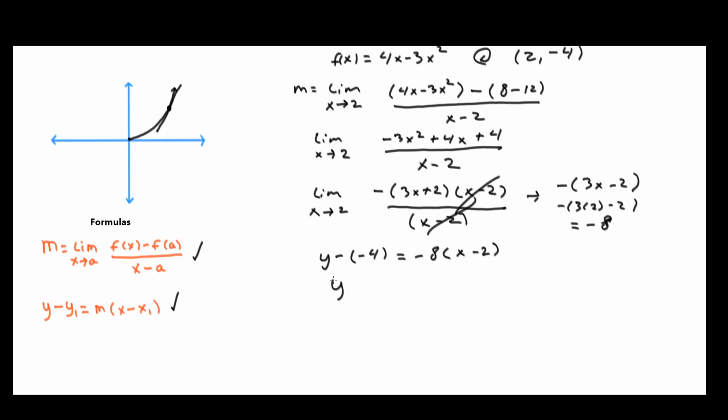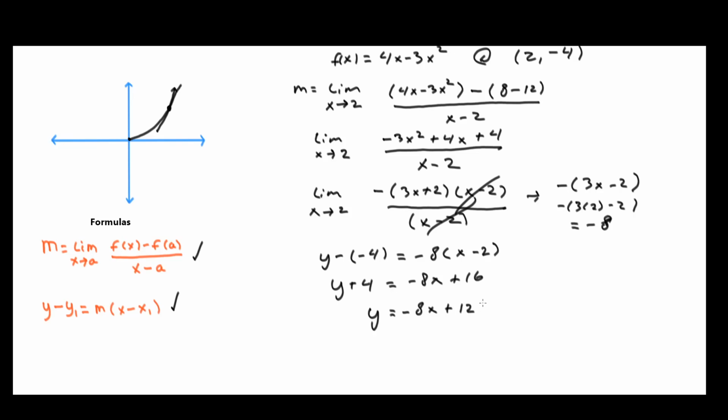Gives us y plus 4 equals negative 8x. After we distribute this, we get a positive 16. And then we just subtract the 4 from the other side, and we end up with the equation of y equals negative 8x plus 12.